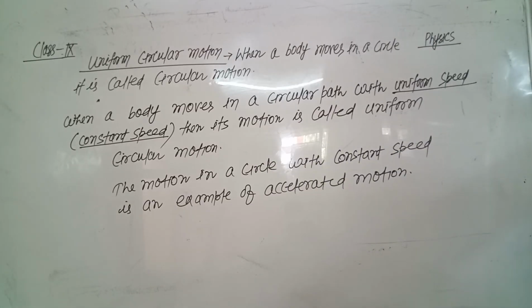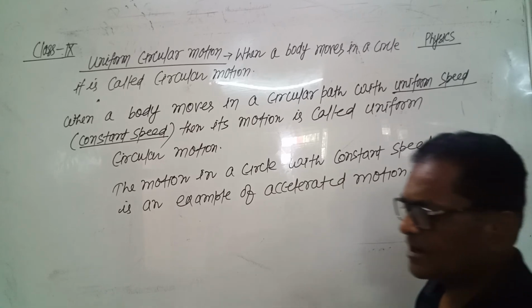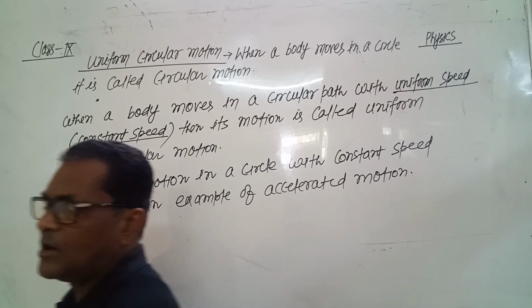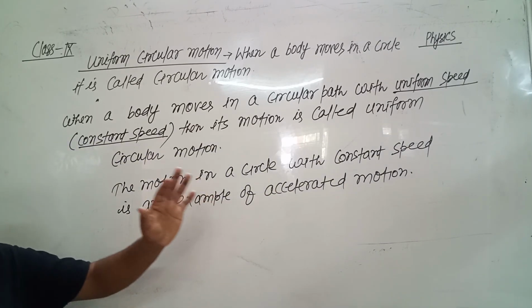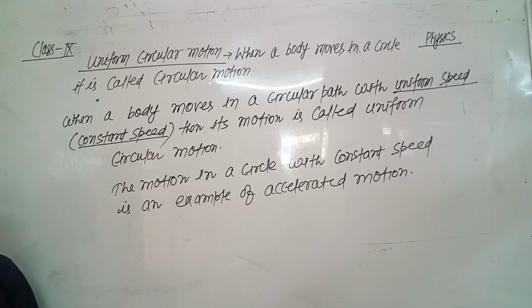So when a body moves in a circular path with uniform speed or constant speed, such type of motion is called uniform circular motion. In uniform circular motion, speed is constant, but velocity isn't constant.